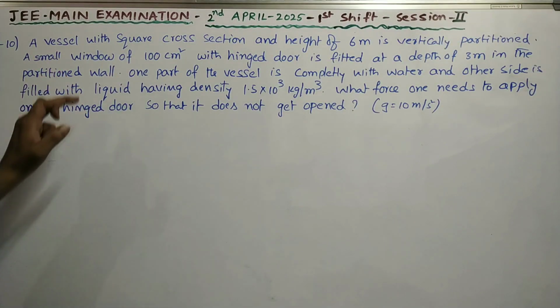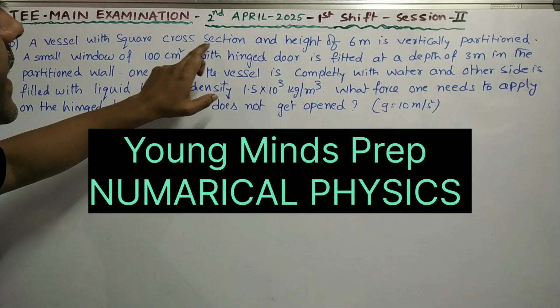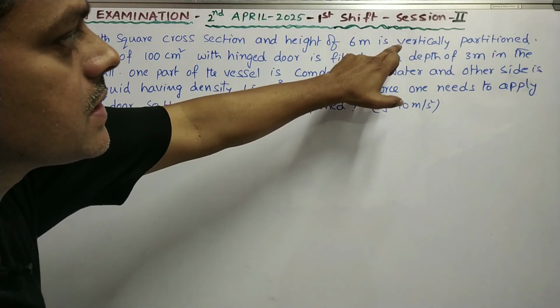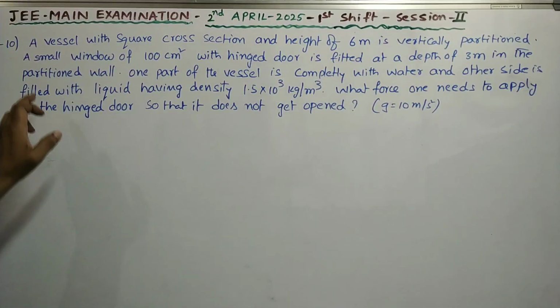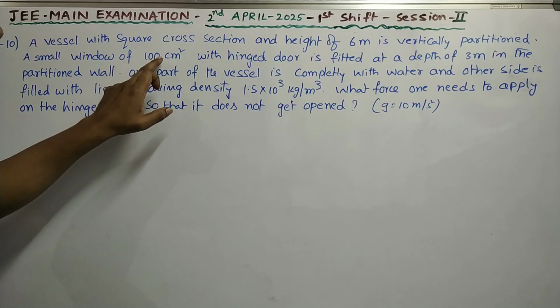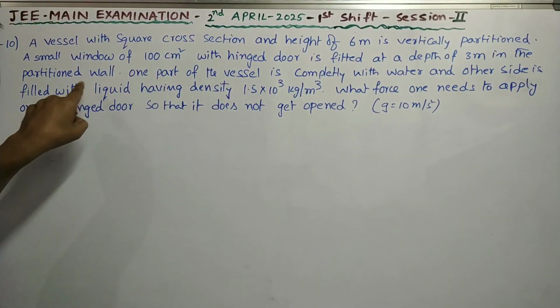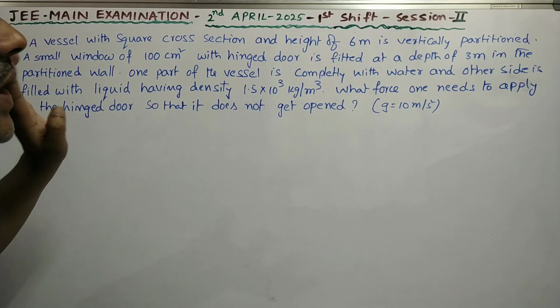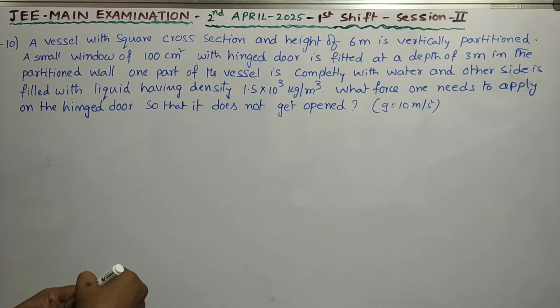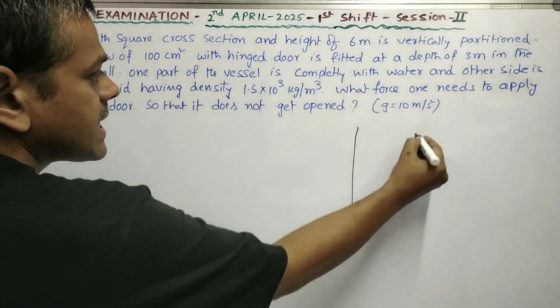The 10th question. A vessel with square cross section and height of 6 meter is vertically partitioned. A small window of 100 centimeter square with a hinged door is fitted at the depth of 3 meter in the partitioned wall. First you can show it pictorially so it is easy to understand.